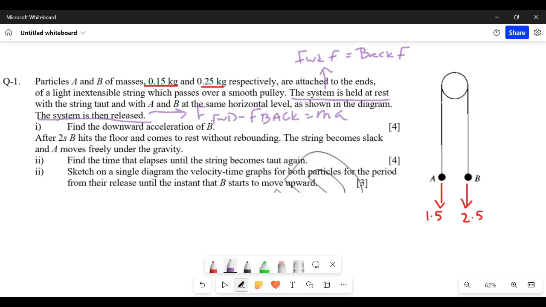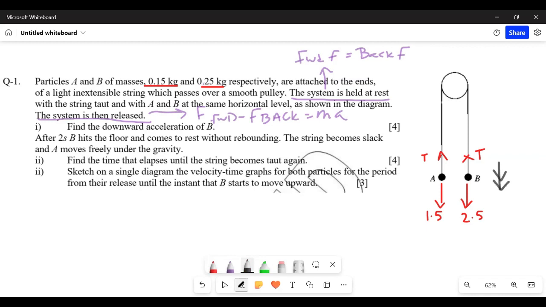So to begin with, when the system is at rest, we've seen that there are two downward pointing forces, 1.5 newtons weight and 2.5 newtons weight. At the same time, there is tension pointing upwards here and here. Find the downward acceleration of B. Now the system is moving.